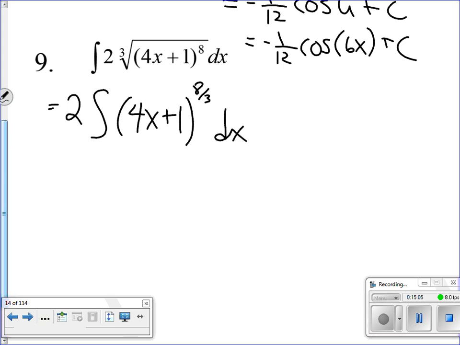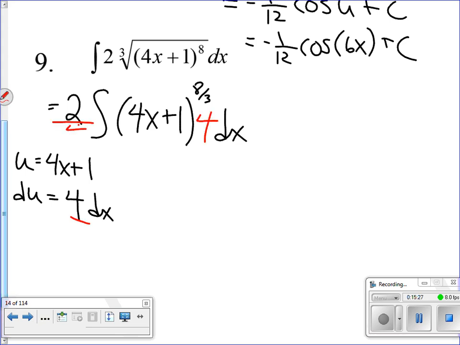So this is not just x to the 8 thirds, it's something else, some other function, so we need u-sub. So u equals 4x plus 1. du is then equal to the derivative du dx, which is 4 times dx. We are missing the factor of 4, so we put a 4 in and a 1/4 on the outside.